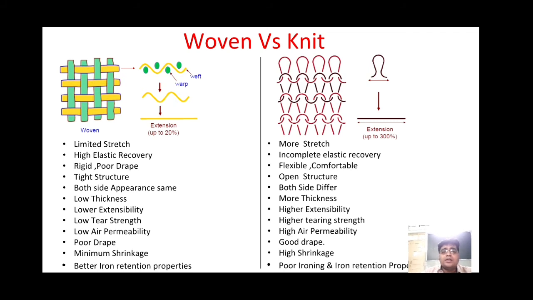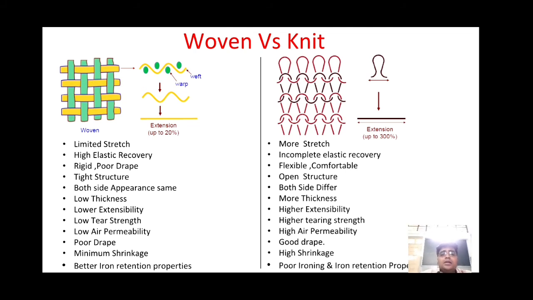Whereas in the case of knitted fabric, the thickness is more. Why? Because here the loops interconnect with each other. So at the joining point, the total thickness of that knitted fabric is 2 into the original single yarn diameter. So here the thickness is twice that of the woven fabric.